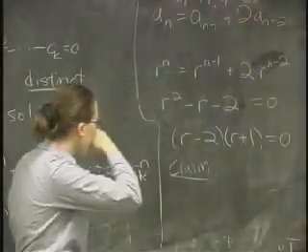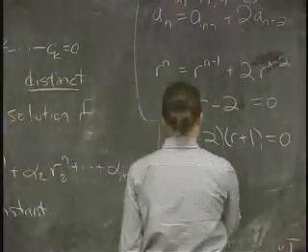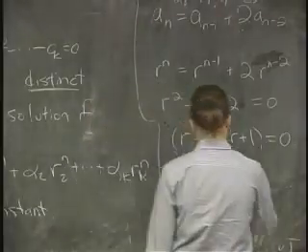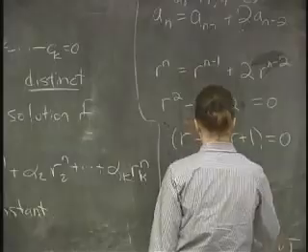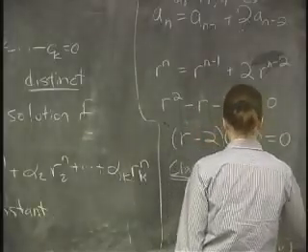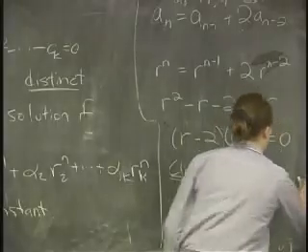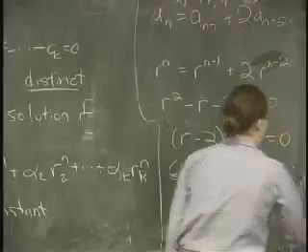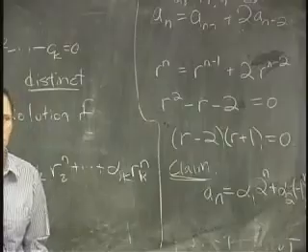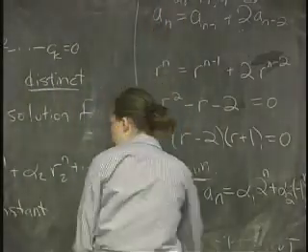Okay. So now my solution is going to be different from what I wrote in your notes, but that's too bad. So I claim my solution is going to be of the form an equals alpha 1 times 2 to the n plus alpha 2 times minus 1 to the n. Now I have to find out what alpha 1 and alpha 2 are. To do that, fortunately I have these two starting conditions.